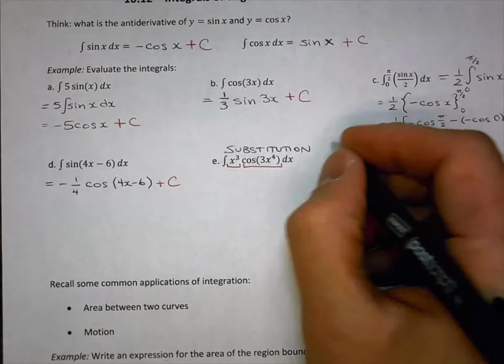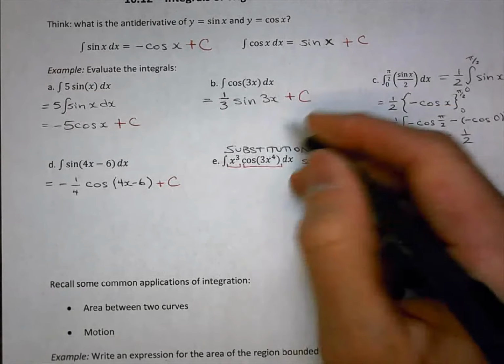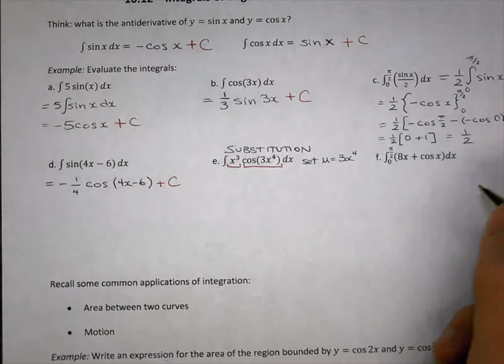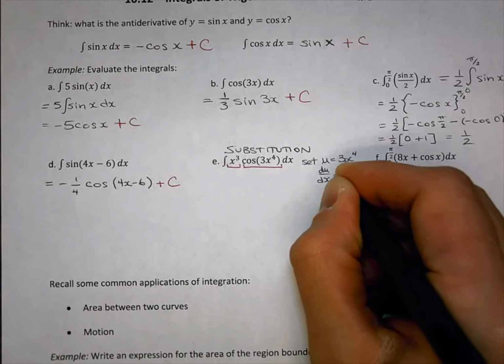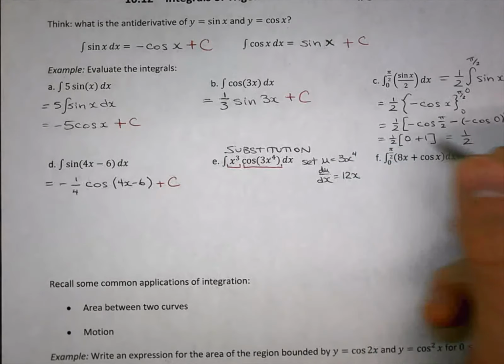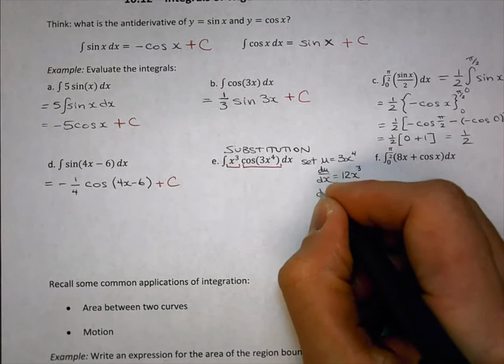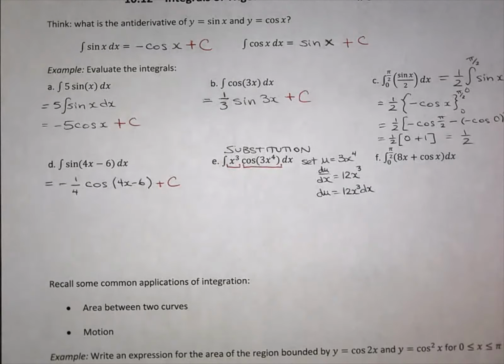For the substitution technique, we have to set u equal to the interior function, which is 3x to the power 4. If you remember this strategy, now I take the derivative with respect to x, so that's going to be 12x, then 12x cubed, sorry. Then I cross multiply and I get 12x cubed dx.